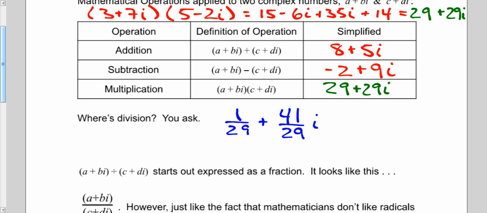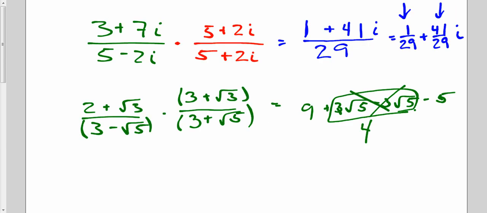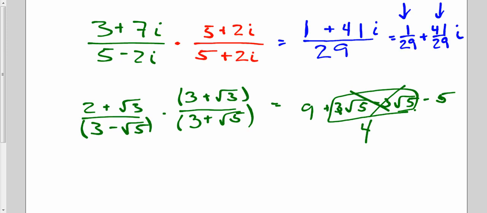Okay. So now that you've done that together, do another one on your own. Oh, one thing before we go. 5 minus 2i and 5 plus 2i, we call those complex conjugates.